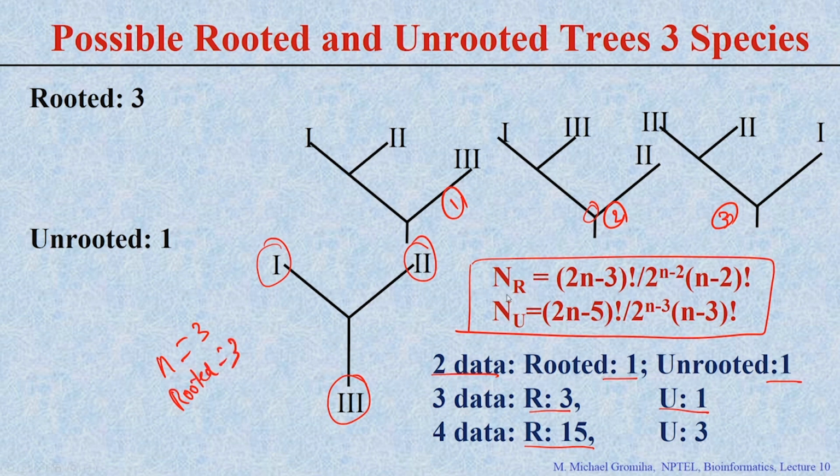You can use this equation. Likewise, for unrooted trees with n equal to 3, the number is 1, and you can fit this equation. Likewise, you can use 4 data or 5 data and get the number of rooted and unrooted trees. And I think this question was once asked in the GATE exam, so how to relate the number of rooted and unrooted trees.